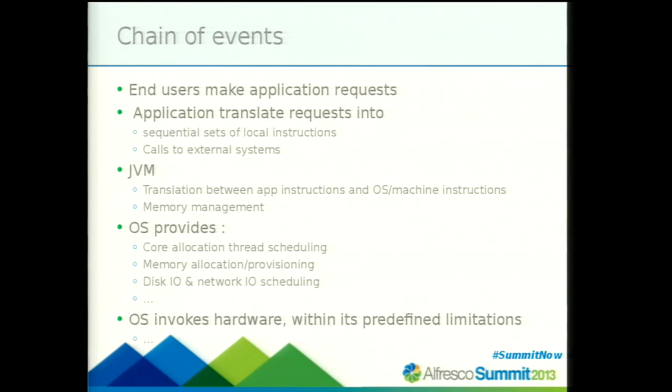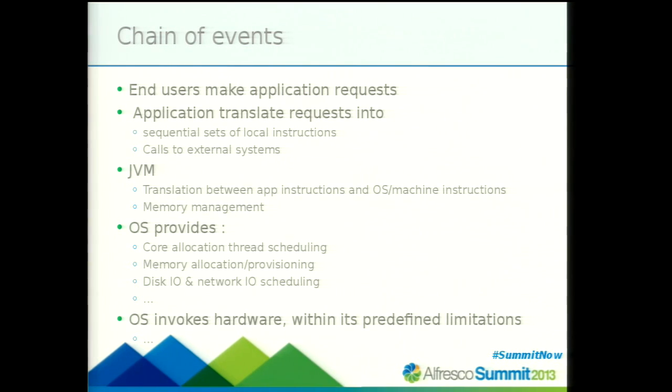And the OS, very schematically, is going to be doing thread scheduling, all the stuff that happens in the kernel, memory allocation, provisioning, depending on what memory allocator you are using, doing the disk I/O, network I/O, all that stuff, and all these system calls that might be get the time of day or anything that happens to be calling into the kernel.